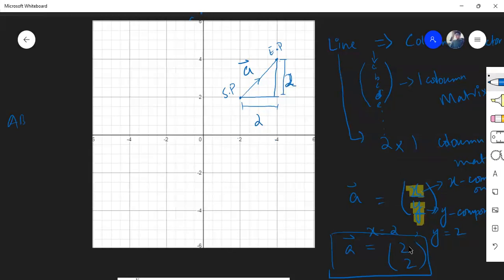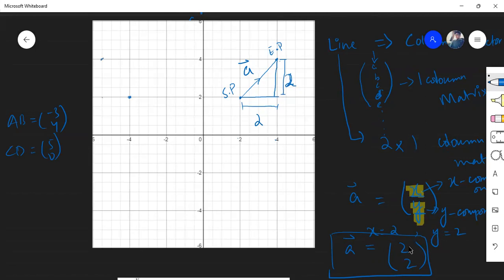AB was actually -3, 4, and CD was 5, 0. So to draw AB, I'll just write -3 to the left and 4 up.